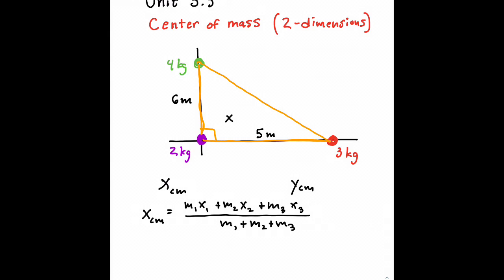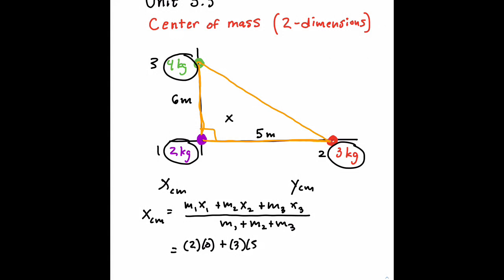So let's call the 2 kilogram object number 1, the 3 kilogram object number 2, and the 4 kilogram object number 3. So if we stick with our notation, m1 times x1 gives us 2 times 0, plus m2 times x2 gives us 3 times 5, plus m3 times x3 gives us 4 times 0.